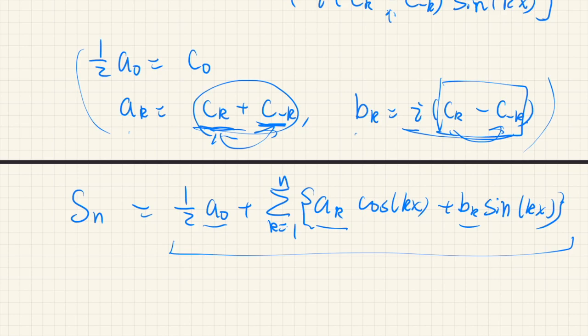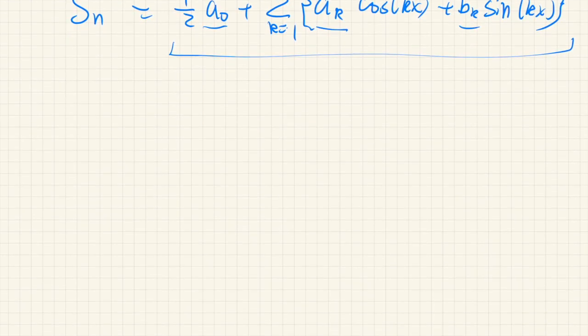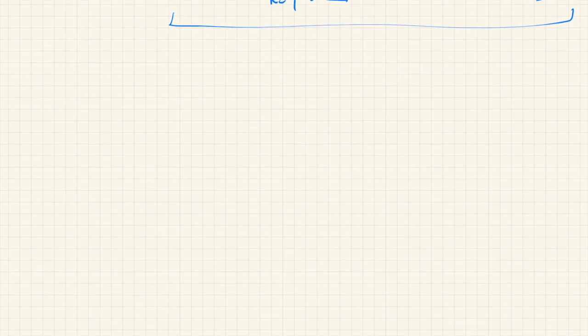Since the real and complex Fourier series are equivalent to each other, we can apply all the theorems that we have proved for the real Fourier series to the complex Fourier series. So I will list those theorems without proof, because the proof is essentially the same as the previous one for the real Fourier series.